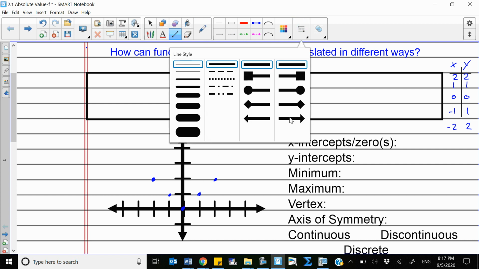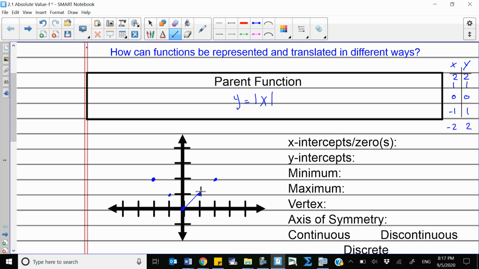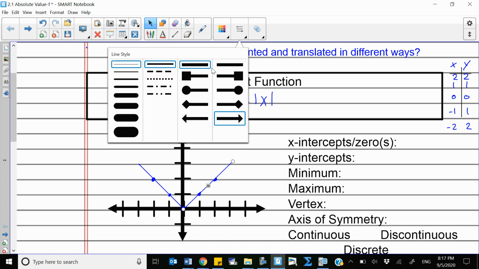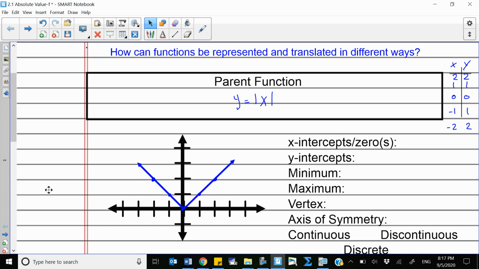So I'm going to use these lines to graph the function. Let me make it a little bit thicker. I like it more thick. Okay. So this will be the graph of absolute value function.